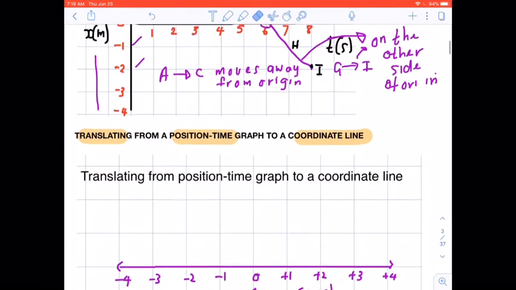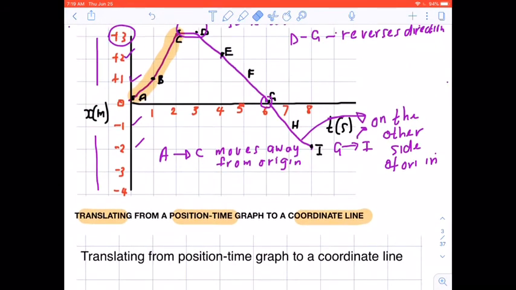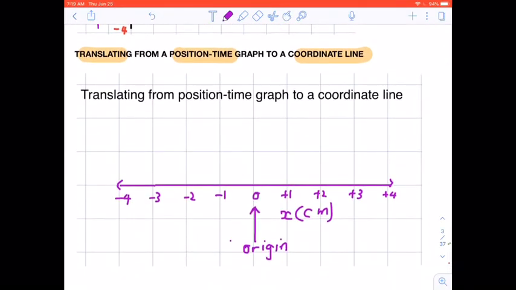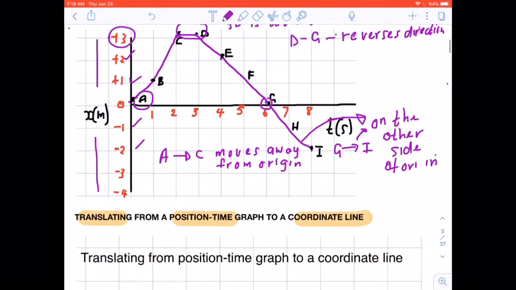Right, so if we have A at 0 time, we have A there, then we have B after that, and B has a position +1.